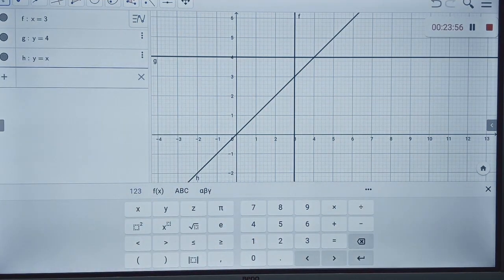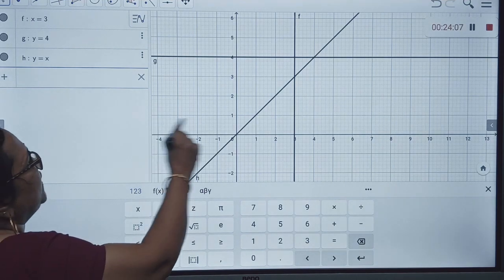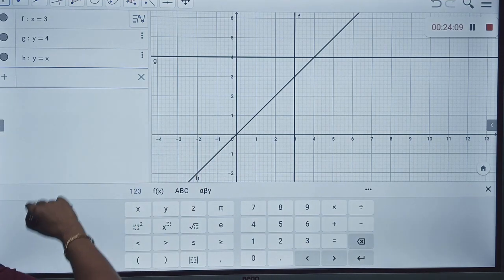Okay, so you have to find the area of the triangle which is bounded by y equal to x, x equal to 3 and y equal to 4.